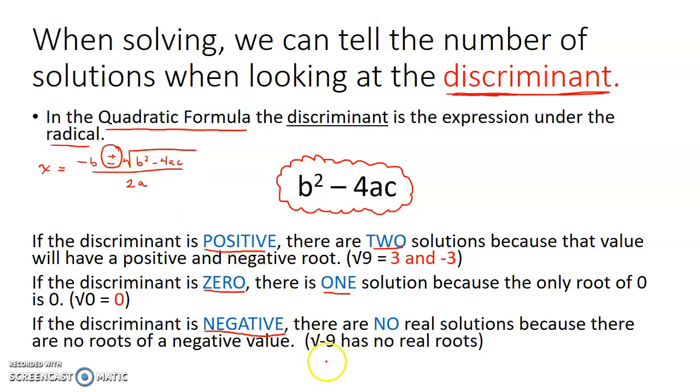There's nothing times itself that will give me a negative. This is what you'll learn in Algebra 2 as an imaginary number, but right now we're going to say it just has no real roots. That means our parabola is either opening up above our x-axis or opening downward below our x-axis. In other words, something like that or something like that.